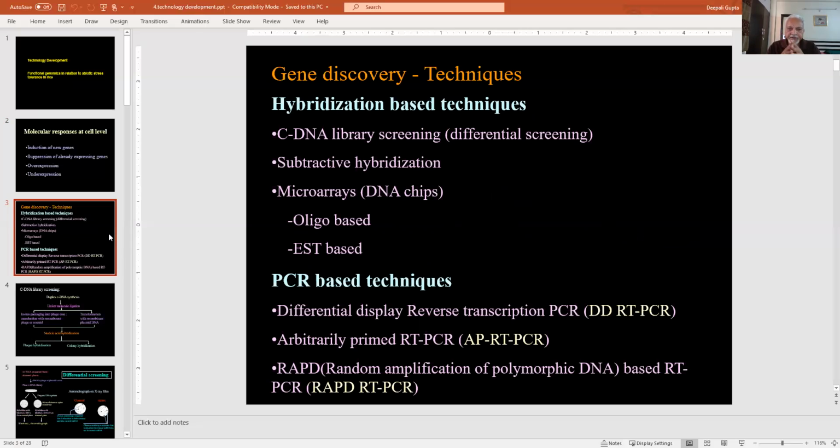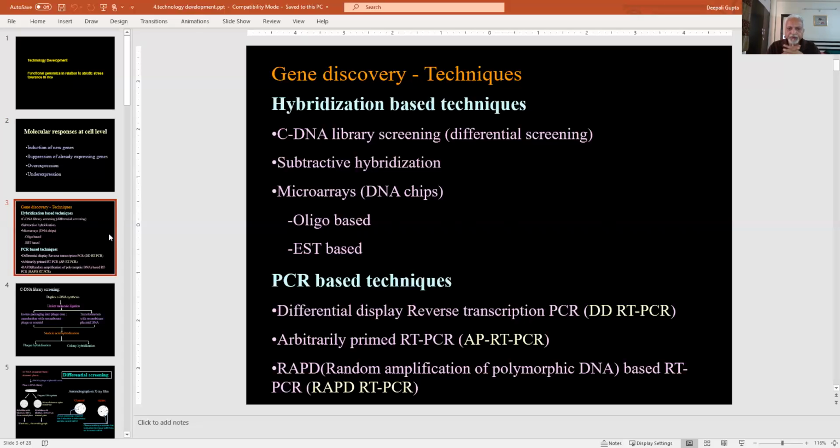Hybridization-based techniques include cDNA library screening, that is differential screening, subtractive hybridization, and microarray-based techniques, like DNA chips, which can be oligo-based or EST-based chips. PCR-based techniques include RAPD, DDRT-PCR, and AR-RT-PCR.